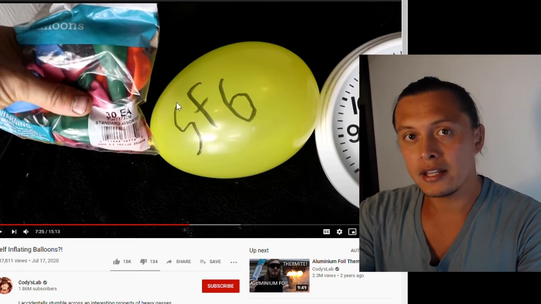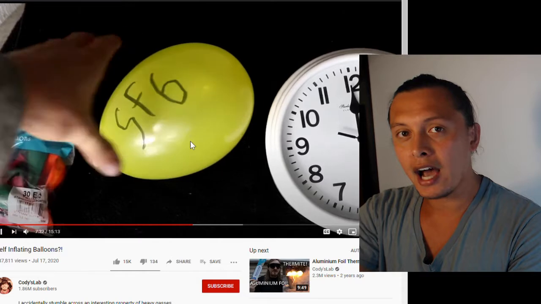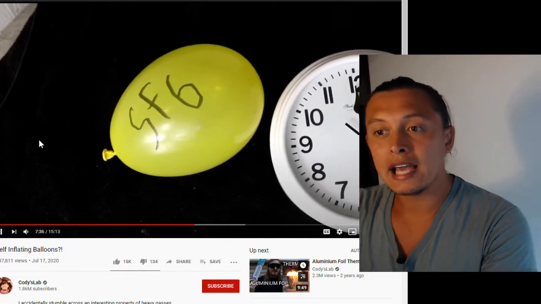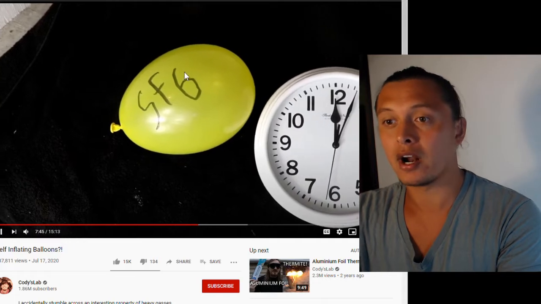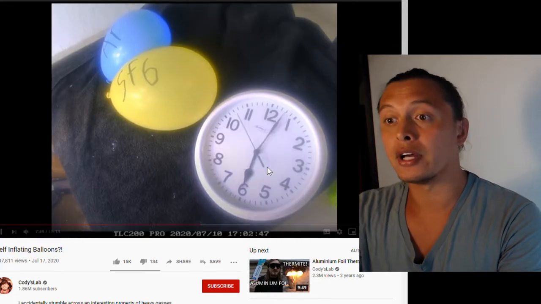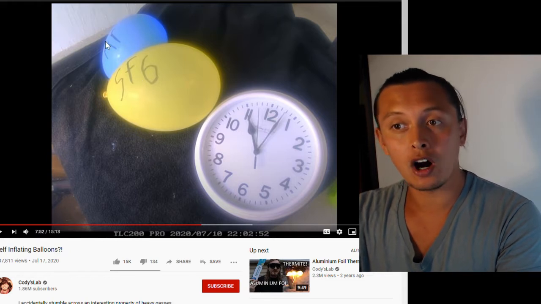But he noticed the exact opposite problem, where sulfur hexafluoride was staying within the balloon, but the gases on the outside of the balloon ended up diffusing into the sulfur hexafluoride gas within the balloon. Here you can see the difference between sulfur hexafluoride and argon gas.